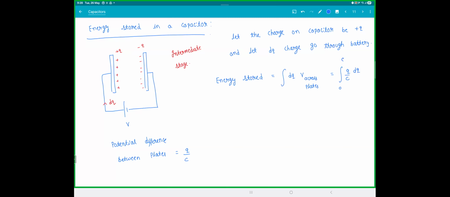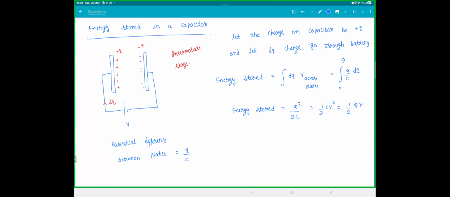Limits will go from 0 to capital Q. That's your final charge. This gives you energy stored is equal to Q square by 2C. This can also be written as half CV square, and this can also be written as half QV.